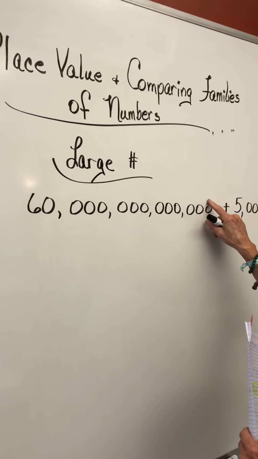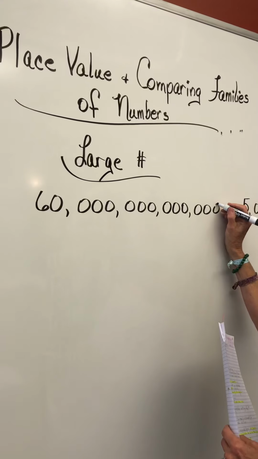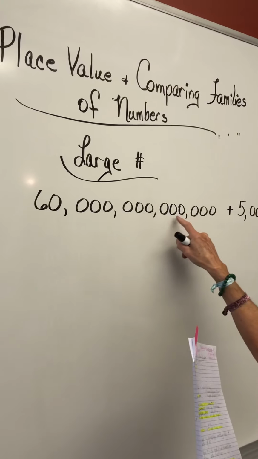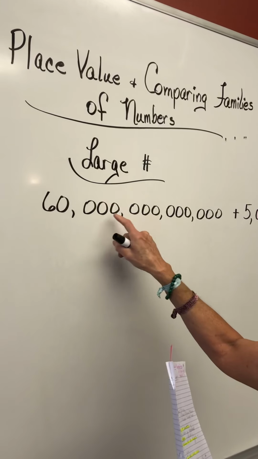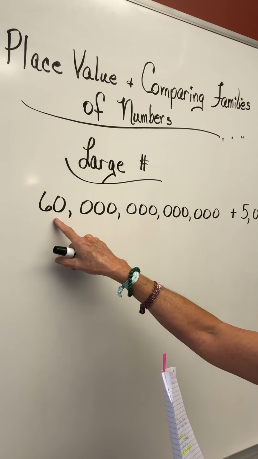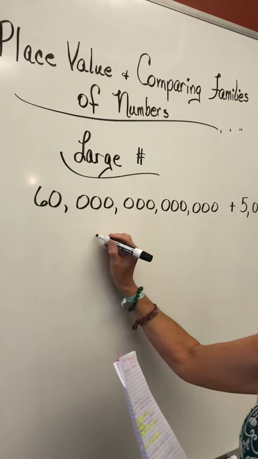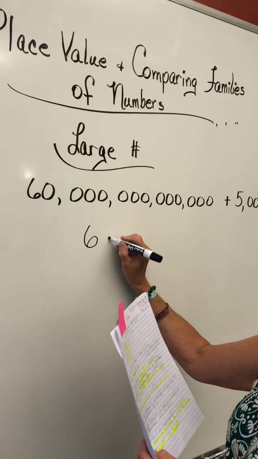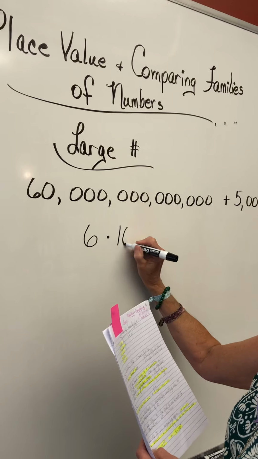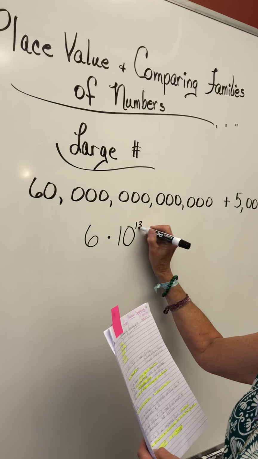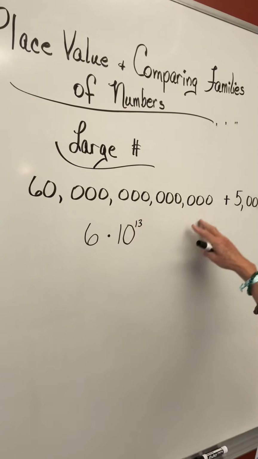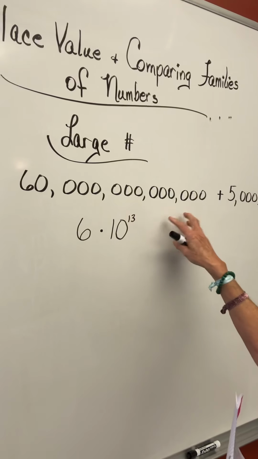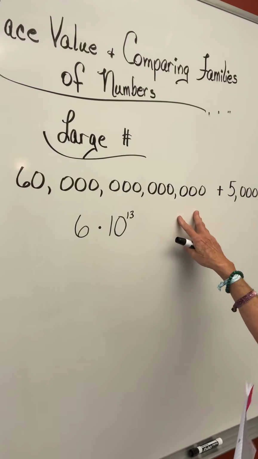And I'm sorry, let's count the zeros that are in front of the 6. 1, 2, 3, 4, 5, 6, 7, 8, 9, 10, 11, 12, 13. So we can abbreviate this by saying I'm going to take 6 times 10 to the 13th power because I have 13 zeros here.